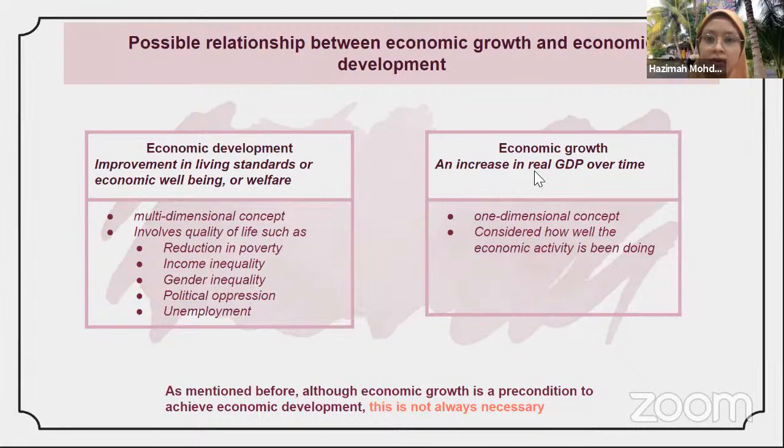And economic growth, we only consider the quantitative figure, which is an increase in real GDP over time. And it is a one-dimensional concept because we only measure how well the economic activity is doing. So as mentioned before, although economic growth is a precondition to achieve economic development, this is not always necessary. Okay.